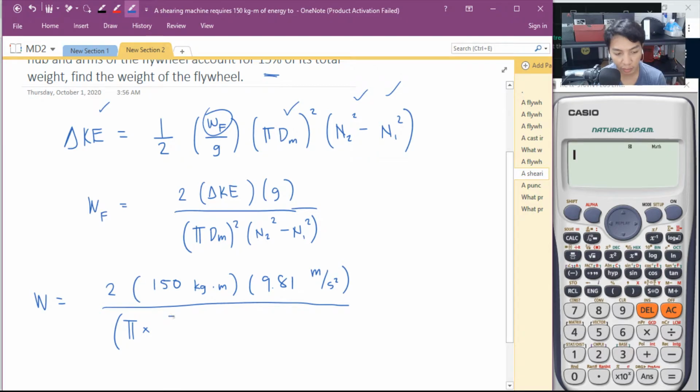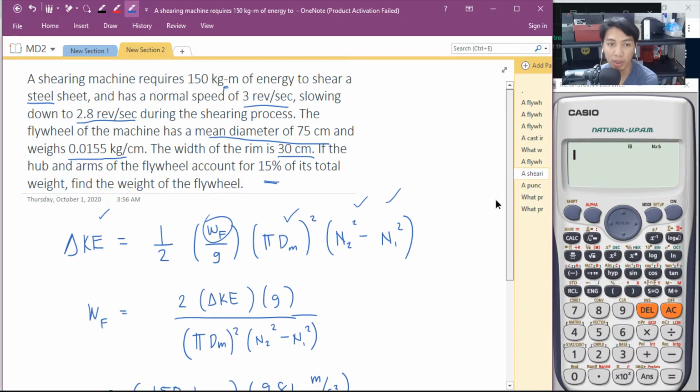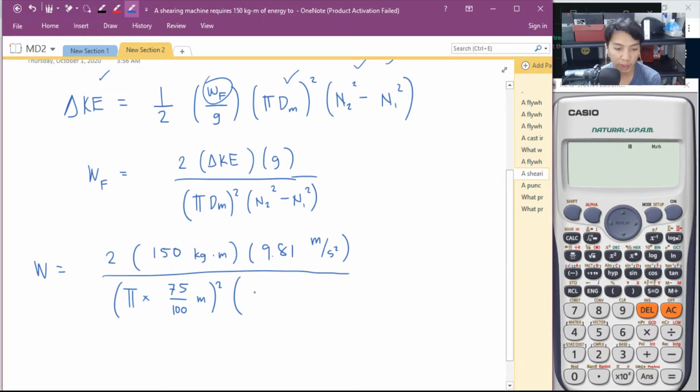So, 75 divided by 100 to make it meters, squared. And then N2 and N1, 3 and 2.8. That's fine: 3 squared minus 2.8 squared.